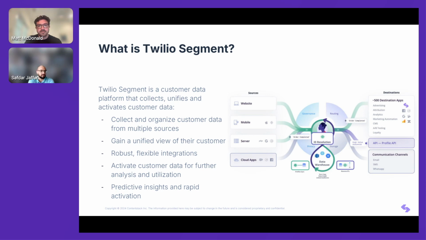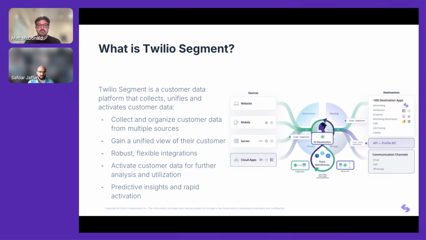Hey, yeah, thank you so much, Matt. I wanted to talk about Twilio Segment, what Segment is, and what value it provides for enterprises. Twilio Segment is the leading customer data platform, helps over 25,000 companies harness first-party customer data.